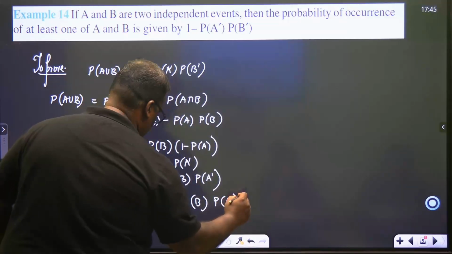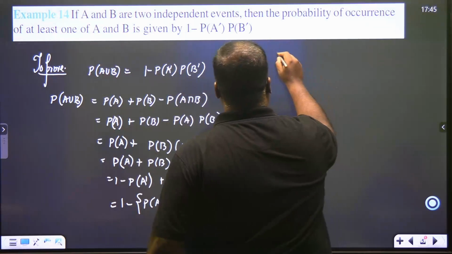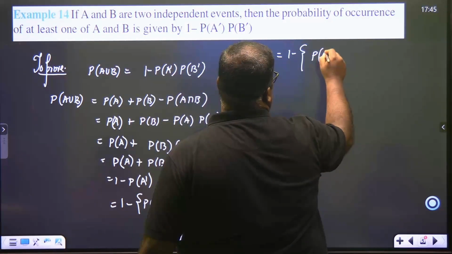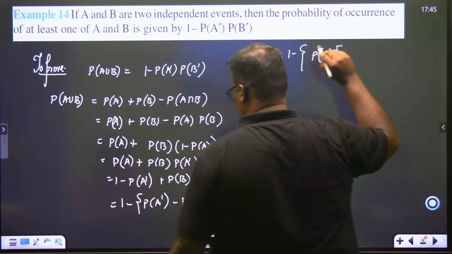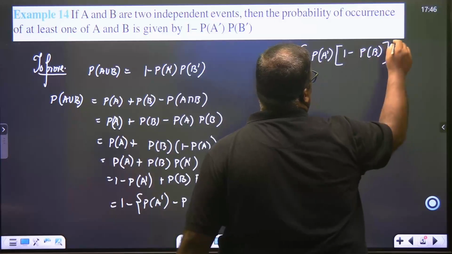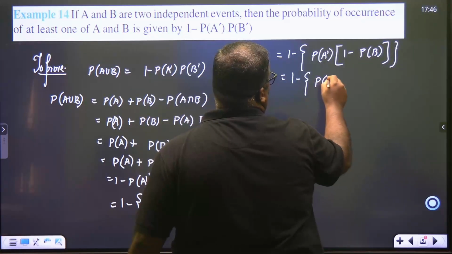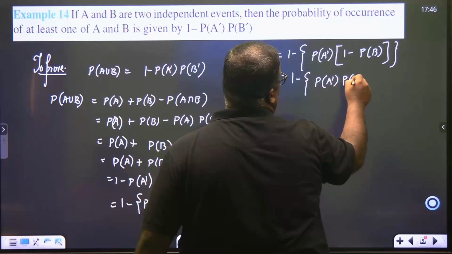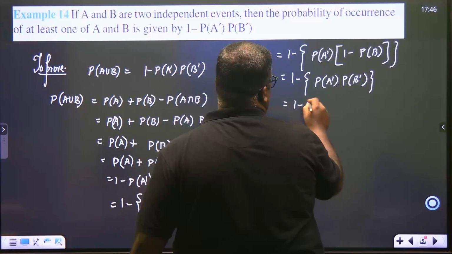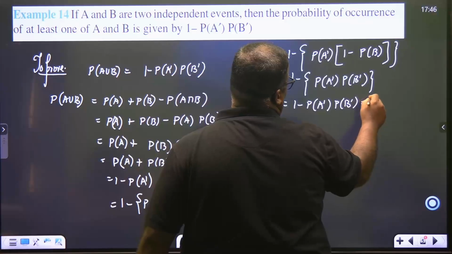Sorry. Okay, now it's easy. Now it becomes 1 minus, take P of A complement as common, then you are left with 1 minus P of B. Okay? 1 minus P of A complement into P of B complement, which is equal to 1 minus P of A complement P of B complement, which is equal to the RHS.